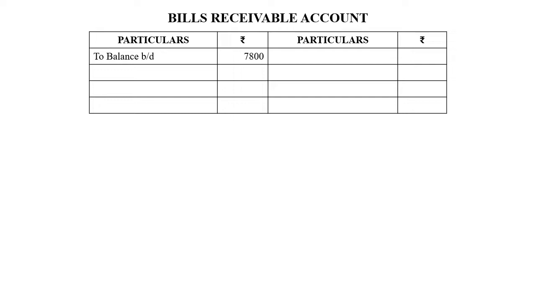To opening balance, that is to balance brought down 7,800. That is the first transaction. Next, opening debtor, which you record in the debtors account. For bills receivable and cash, just now we passed the journal entry. What is the journal entry you wrote there? It is cash account debit to bills receivable.